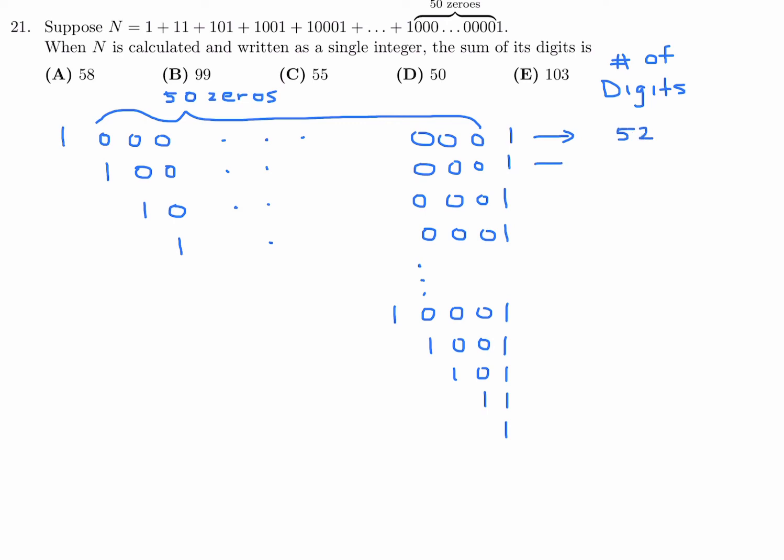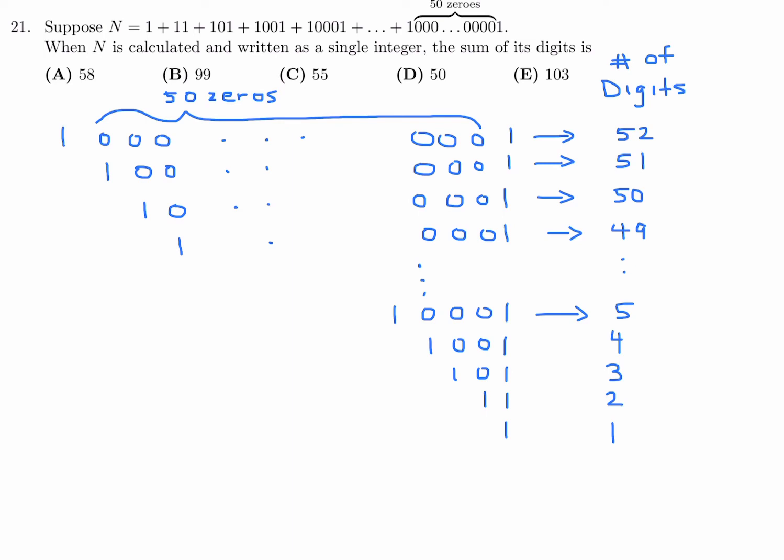Very similarly, the next one below it has 51 digits. And then 50 digits, 49 digits, and so on. And then dot, dot, dot. These ones we don't even need to worry about: 5, 4, 3, 2, and 1 with regard to the number of digits.